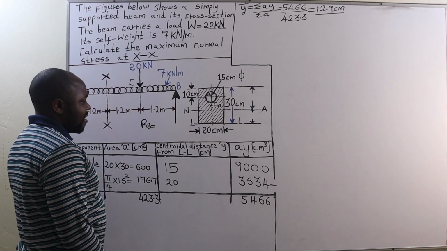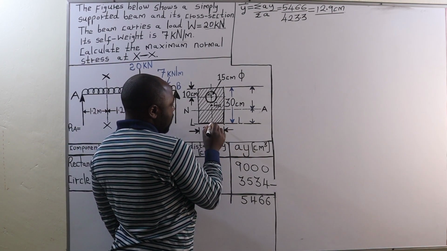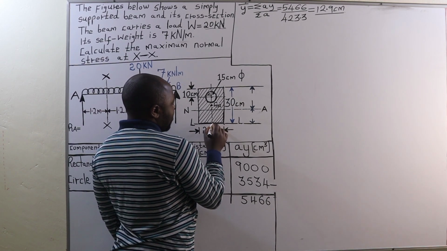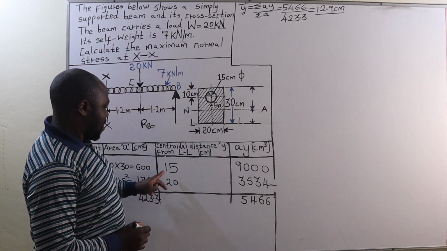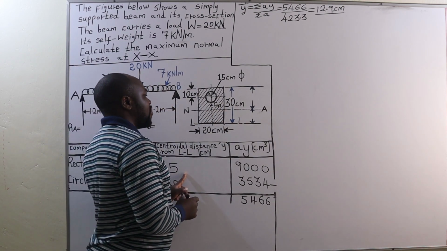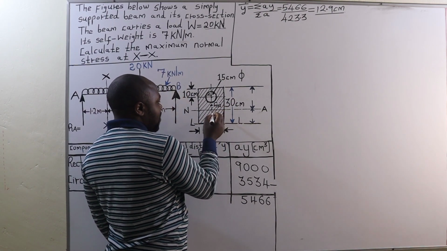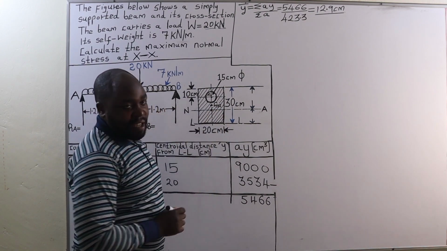In this case, the distance from LL all the way to the center of gravity of the rectangular section is 15. Therefore, 12.9 is below 15, and I had predetermined that.